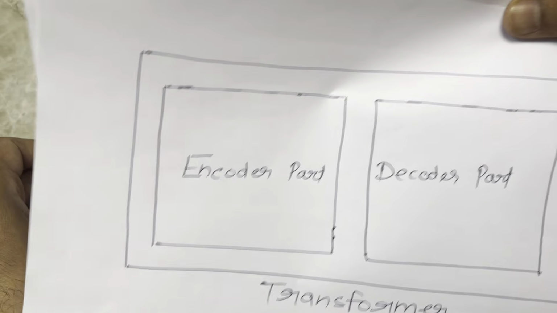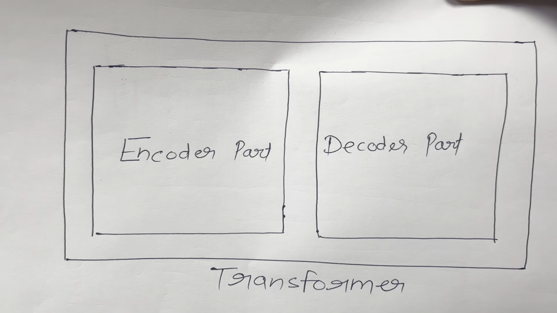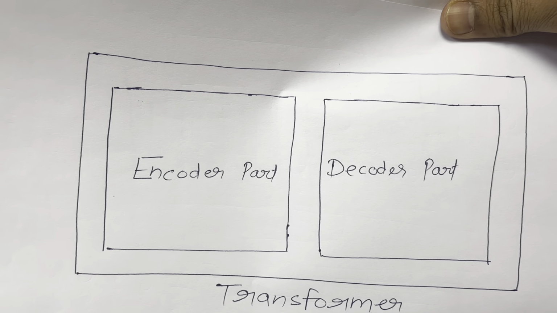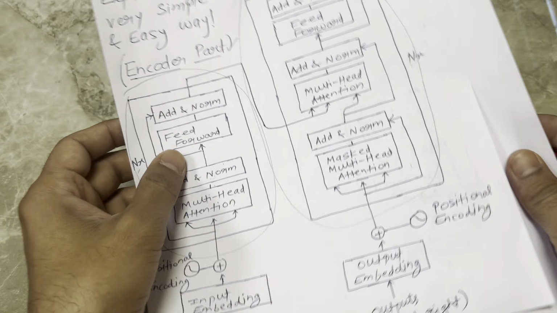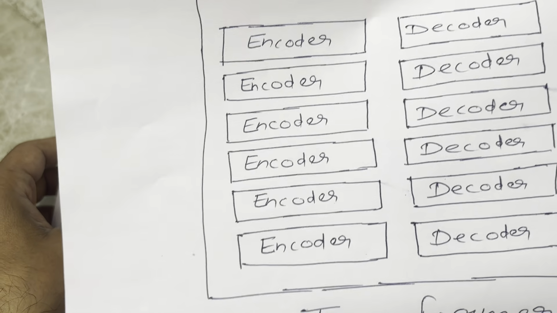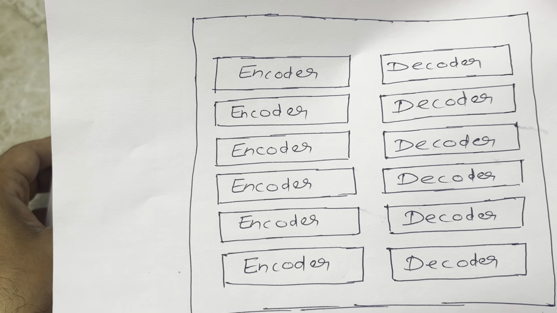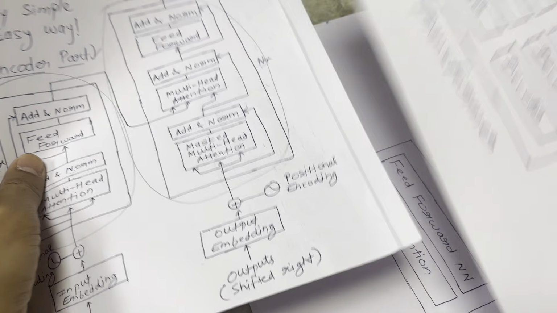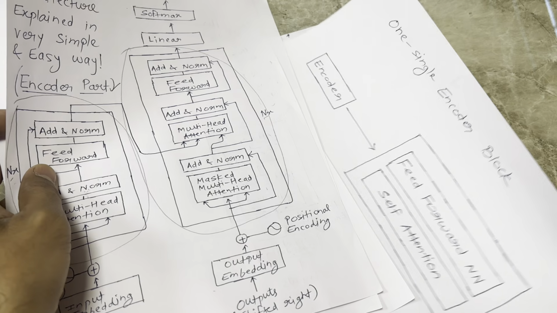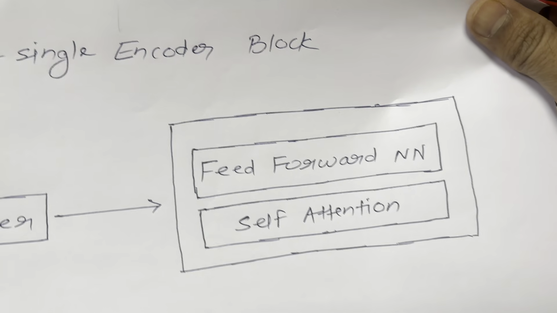So the architecture in a simplified way looks like this. There are 6 encoders, so it looks like this. And now we will go inside one encoder, everyone. That one encoder basically looks like this.